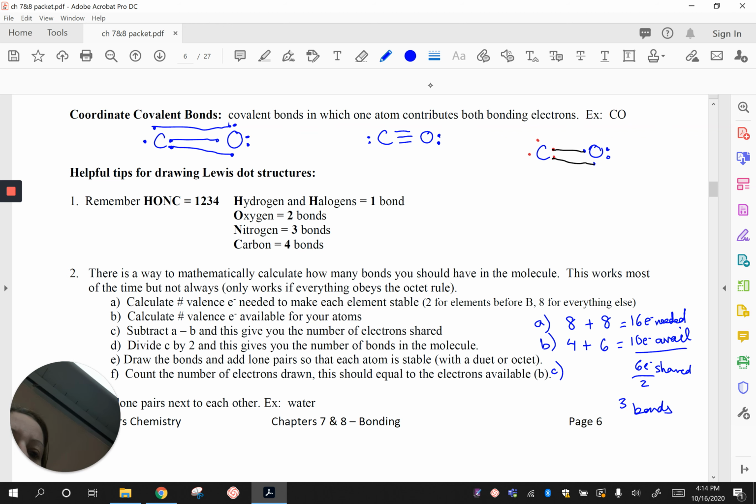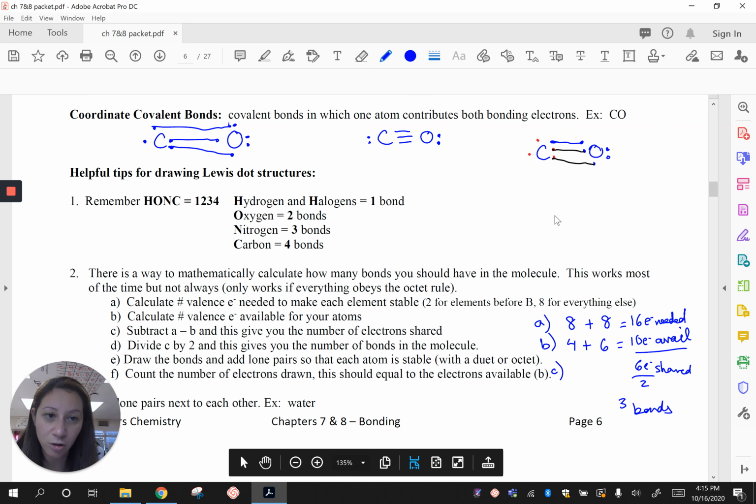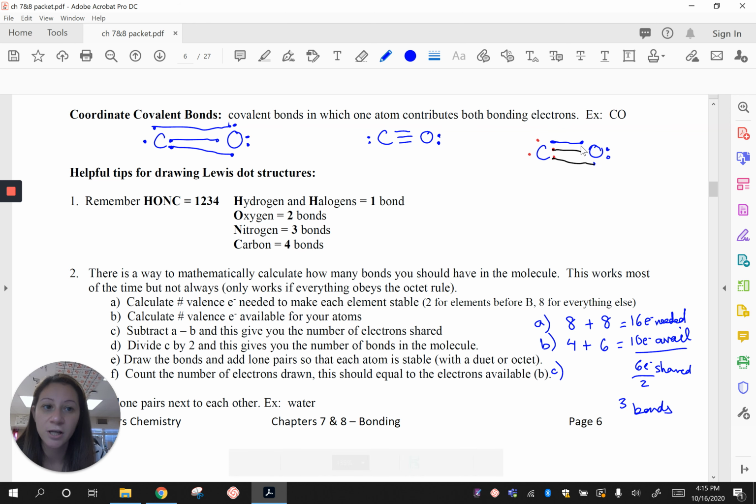So instead of keeping the electrons with the oxygen, it decides it's going to put its electrons in between them to share. And it's going to form a third bond right here. But notice that for that third bond, both electrons are coming from the oxygen, not one from each. This is called a coordinate covalent bond.